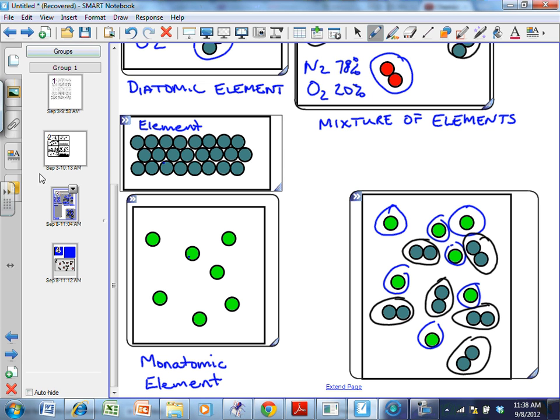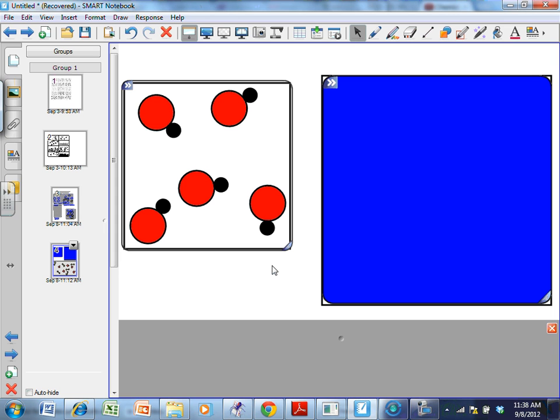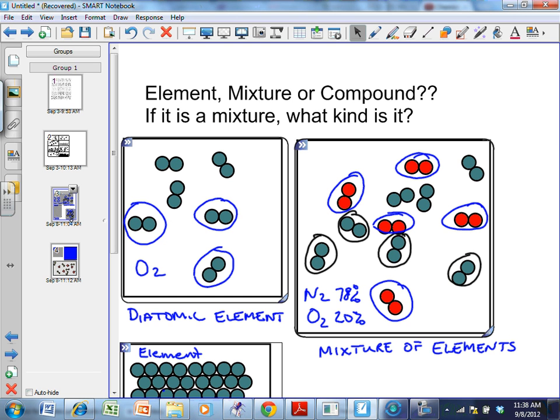Let's go to the next slide and look at some where there's compounds and see the difference. Okay. This is a compound. It's a diatomic compound. It's a compound because each molecule, so here is a molecule of the compound, and it differs from a molecule of an element, which I'll go to the previous slide and remind you.